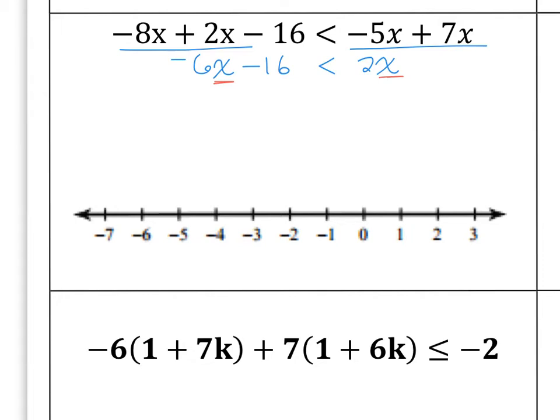So I am going to have to collect like terms again, and I would like to add 6x to both sides because I don't want to deal with the negative coefficient. 8x, and then once we divide by 8, okay, this would be -2.